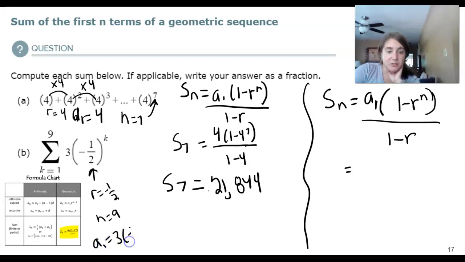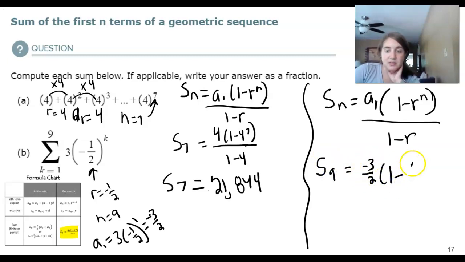My first term would be negative 3/2. So knowing that, I can plug in everything. So I'm going to the 9th term. A1 is negative 3/2. 1 minus negative 1/2.